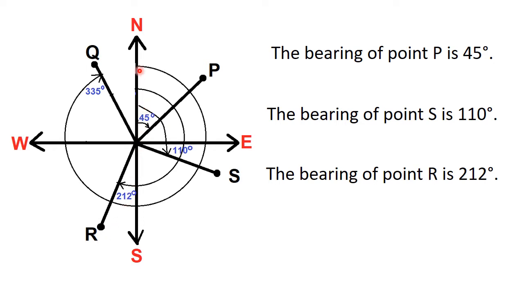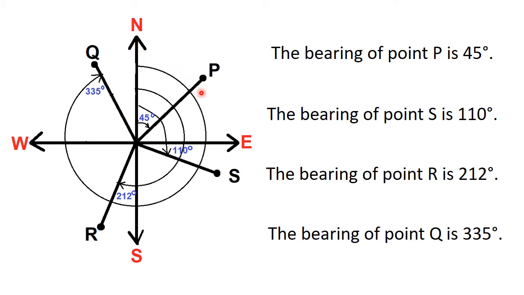So we start from the north to 90 degrees, to 180 degrees, then to 212 degrees. The bearing of point Q is 335 degrees. So coming from the north to 90 degrees, 180 degrees, to 270 degrees, to 335 degrees.